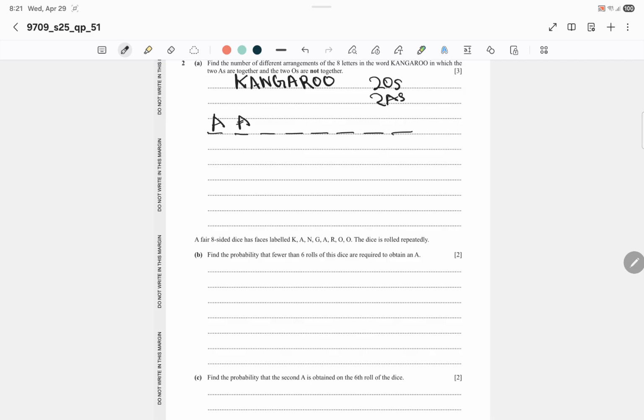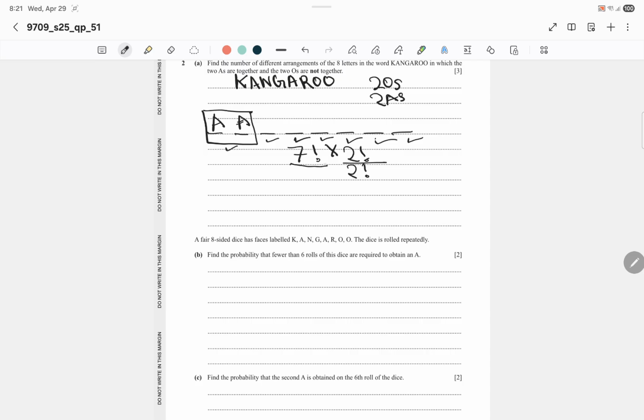So what I like to do in this type of question is first find the possibilities of the two A's being together. Always pair them up as one, and then count 1, 1, 2, 3, 4, 5, 6, 7. So 7 items can be arranged in 7 factorial ways. It's 7 factorial times 2 factorial, since the A's can be arranged, but it doesn't really matter since we divide by 2 factorial as they're the same letter.